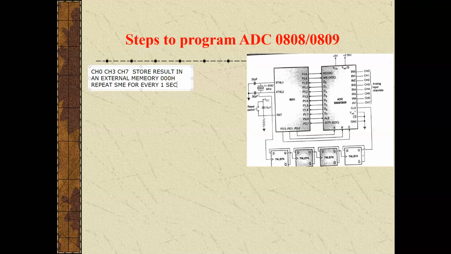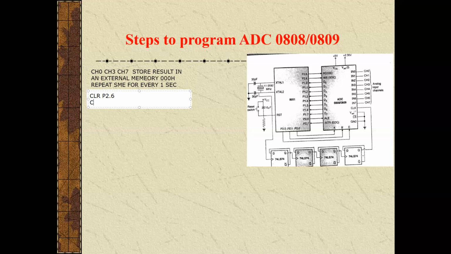So let's start. First we are clearing the bit P2.6. P2.6 is nothing but SOC, so we are clearing the start of conversion pin first to low, because we first have to latch the address.